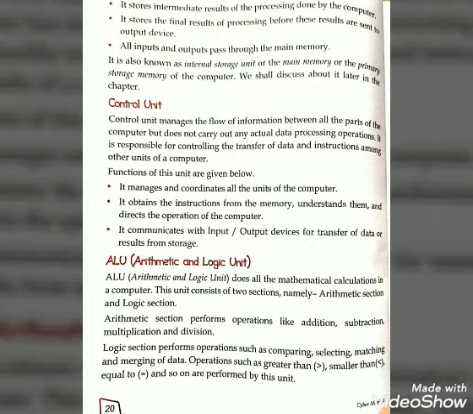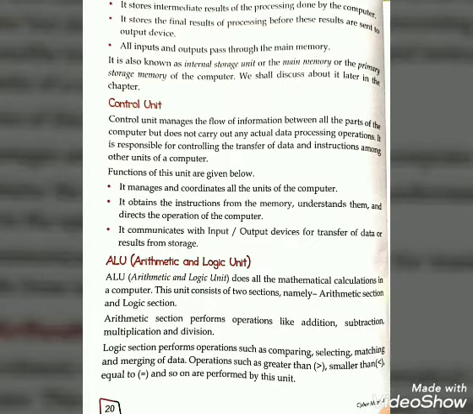Now the next topic is ALU. We know that ALU stands for arithmetic and logic unit. Arithmetic and logic unit does all the mathematical calculations in a computer. This unit consists of two sections, namely arithmetic section and logic section. Now the first one is arithmetic section. We already discussed in the previous chapter that the arithmetic section performs operations like addition, subtraction, multiplication and division.